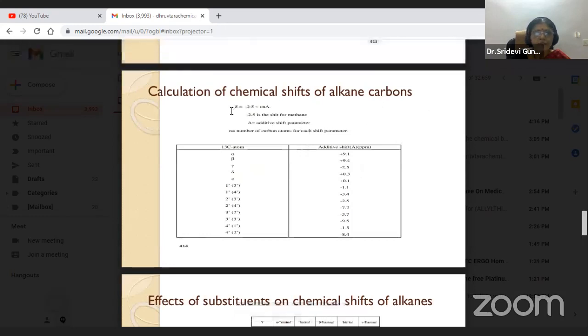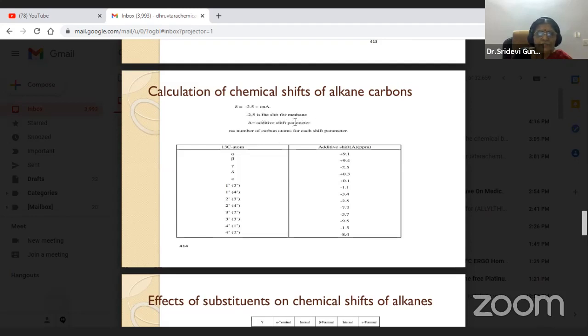Delta of any particular carbon under consideration, you can calculate by this equation: minus 2.5 plus summation of N times A. A is the additive shift parameter, N is the number of that particular additive shift parameter. For example, what is minus 2.5 here?